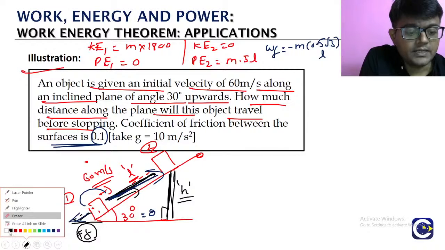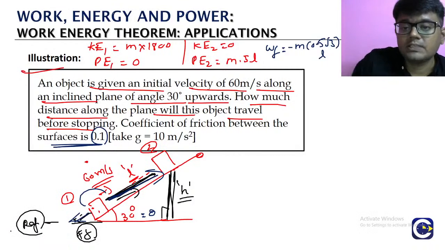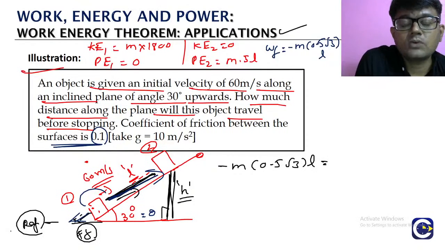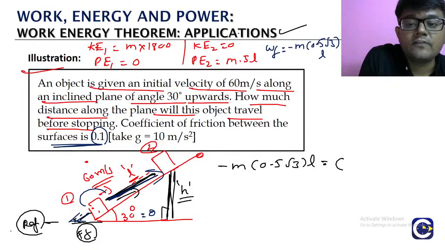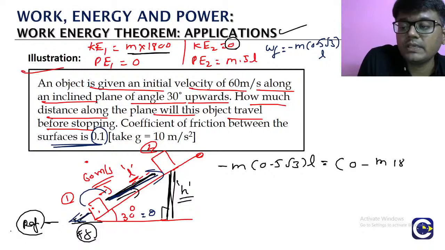Now here, when you apply the work energy theorem, what do we have? Work done by non-conservative forces and other external forces. There is only one, that is the friction. That is equal to what? Change in kinetic energy, meaning final kinetic energy 0 minus initial. So 0 minus M into 1800, plus change in potential energy, meaning final potential energy minus initial.